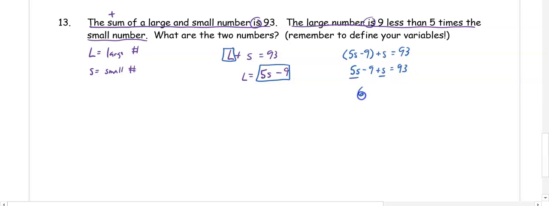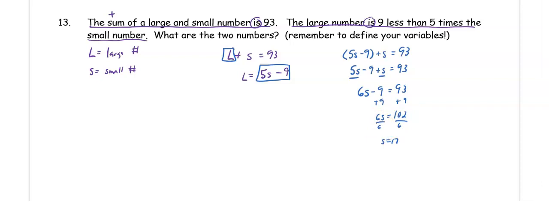We can combine the S's. 6S minus 9 equals 93. Add 9 to both sides, so we get 6S equals 102. When we divide by 6, S is 17. Then we can take 17 and we can substitute. So we have L plus 17 equals 93.